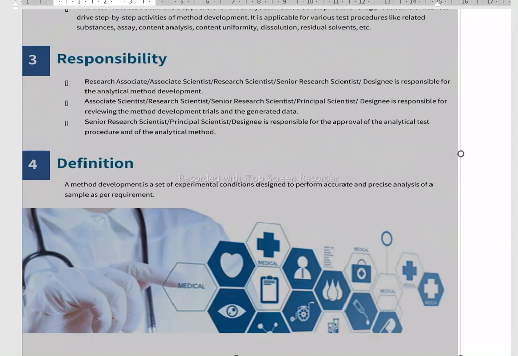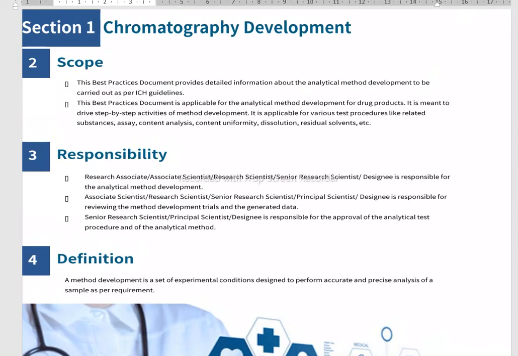Okay, let's start. Chromatographic development: what is the scope of the chromatographic development? This best practice document provides detailed information about the analytical method development to be carried out as per ICH guideline. The best practices document is applicable for the analytical method development for drug product.